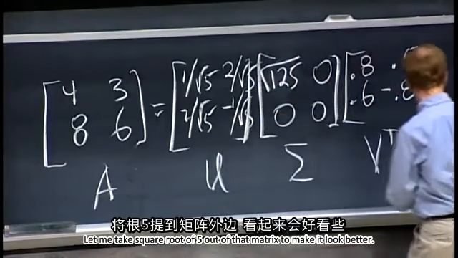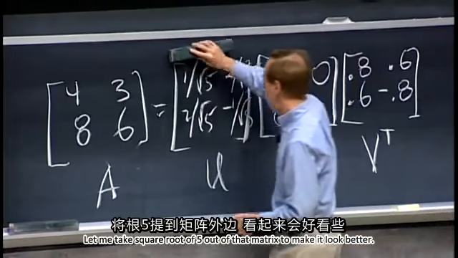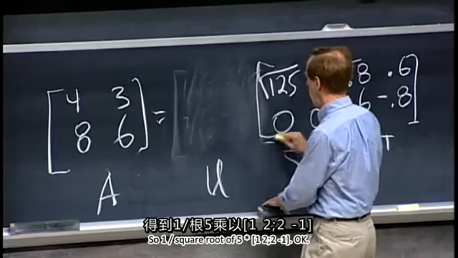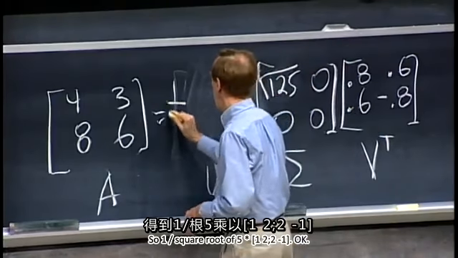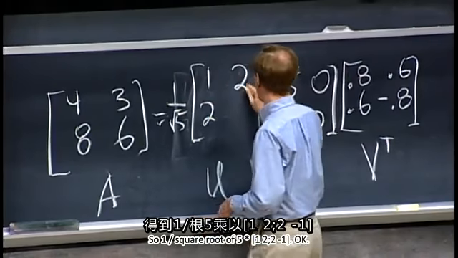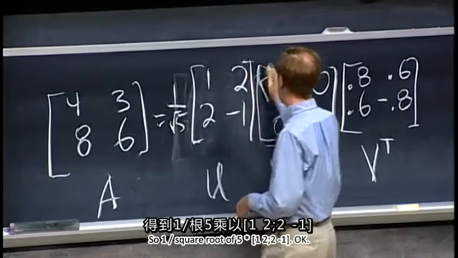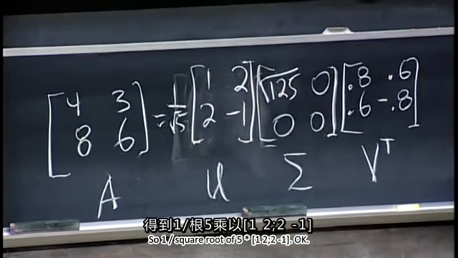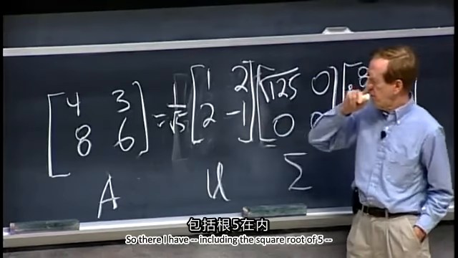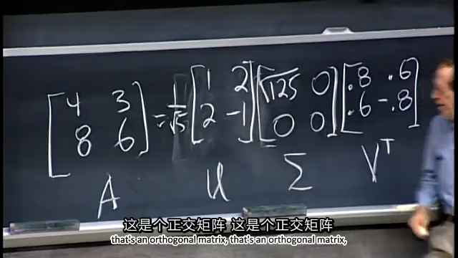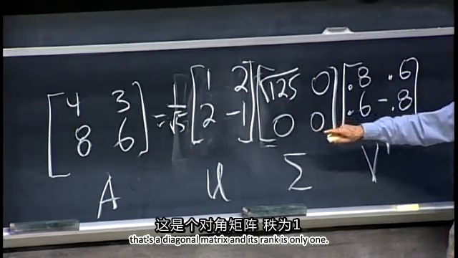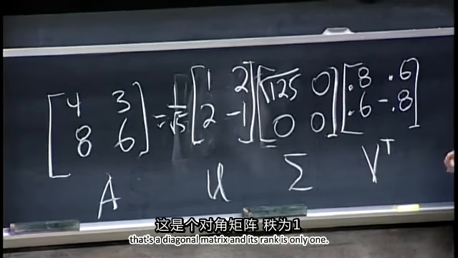Let me take square root of 5 out of that matrix to make it look better: 1 over square root of 5 times 1, 2, 2, minus 1. So there I have, including the square root of 5, an orthogonal matrix, an orthogonal matrix, and a diagonal matrix, and its rank is only 1.